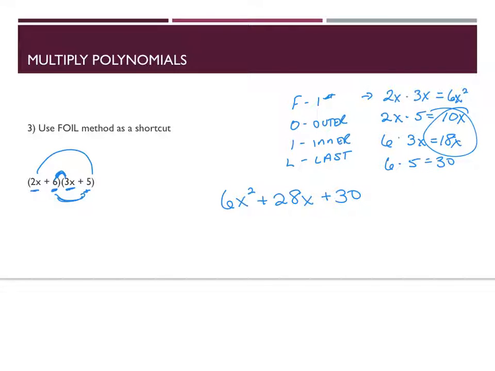Now what you'd like to be able to do is not really write that out, but use that acronym to help you work the problem right here. First, 2 times 3 is 6, x times x is x squared. Outside, 10x.